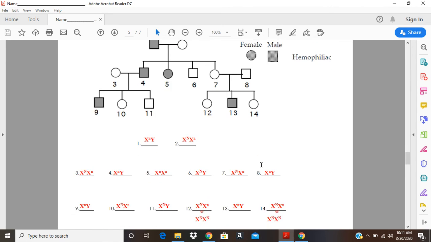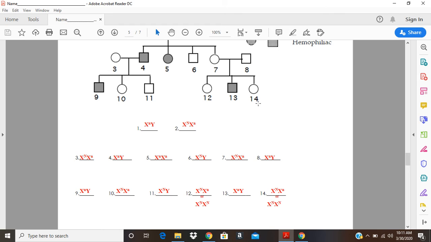So 12 and 14, both females, can actually both be hybrid or homozygous dominant. We don't know, so we exhaust all possibilities.